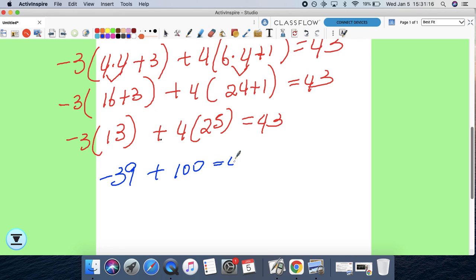Uh-oh, something is wrong. Oh, sorry, I know what is wrong. 16 plus 3 over here is 19. Negative 3 times 19 is negative 57. Sorry, that was my mistake. And then negative 57 plus 100 is positive 43, which equals 43 on the other side. Alright, so that was a little bit of multi-step equations, just a little bit to get us warmed up.